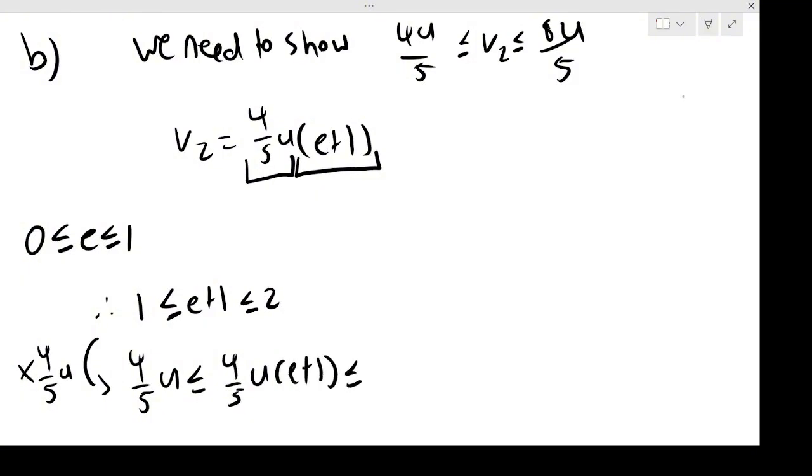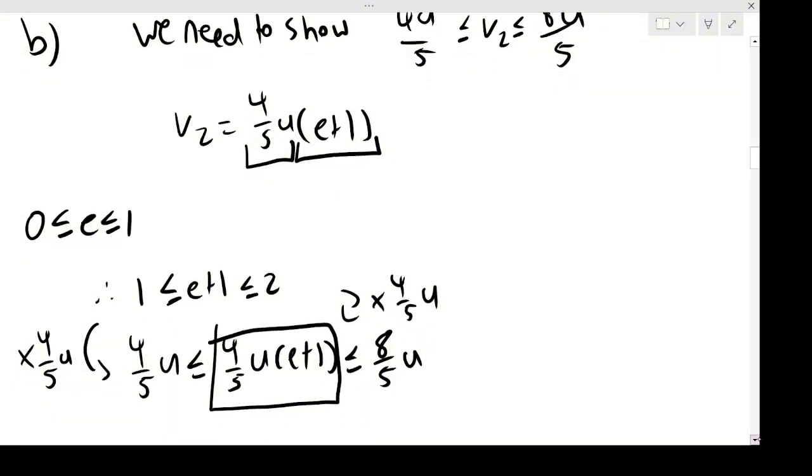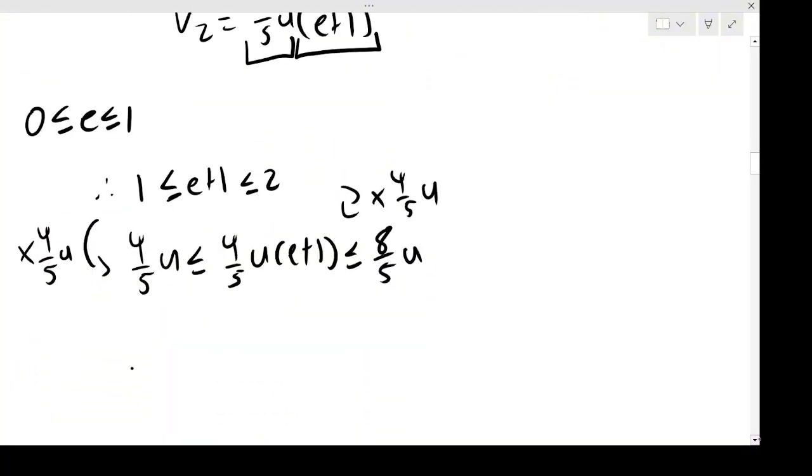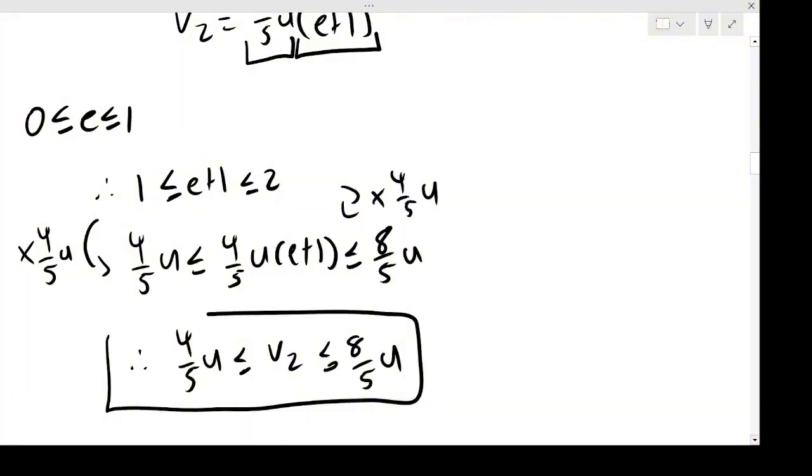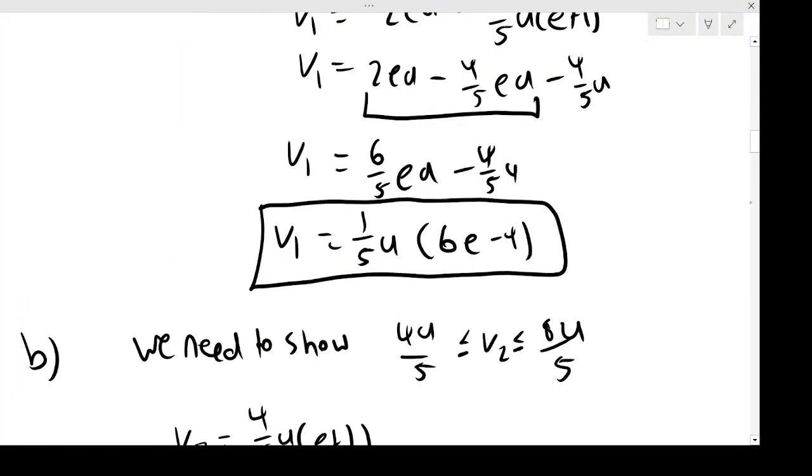And then 2 times 4/5 U is going to be 8/5 U. And actually this is V2, right? So therefore, we get the answer that V2 is between 4/5 U and 8/5 U. And that is the inequality they want there. Hopefully happy with that.